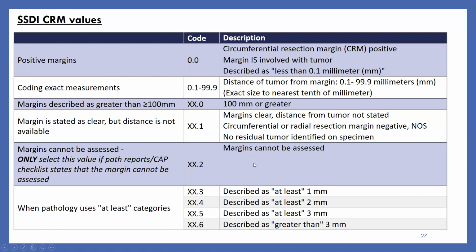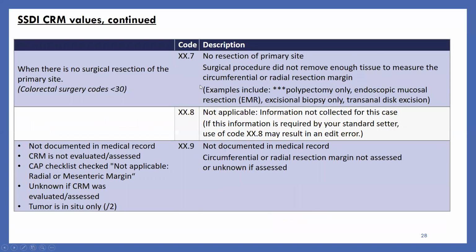The main thing on the next slide is when there's no surgical resection of the primary site, you will code XX.7, and you need to remember that a polypectomy only is not considered a surgical resection.